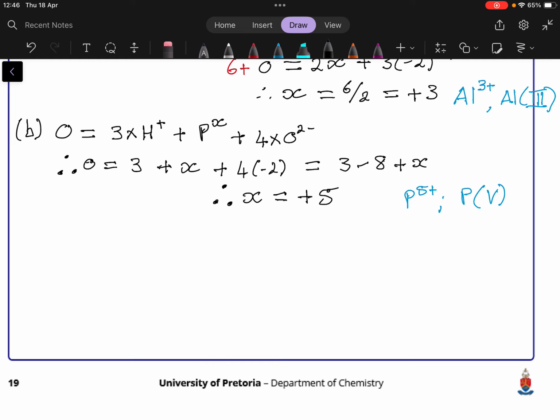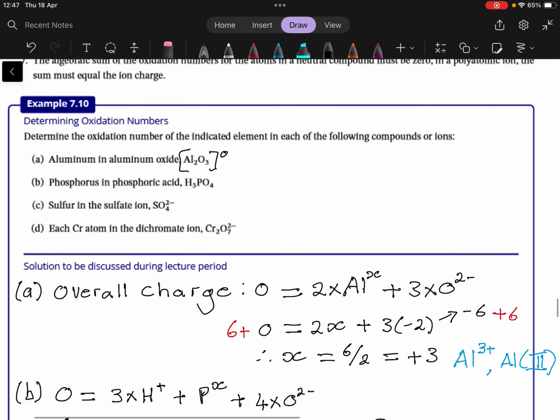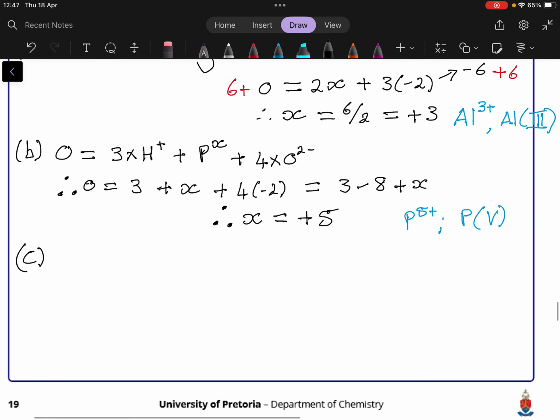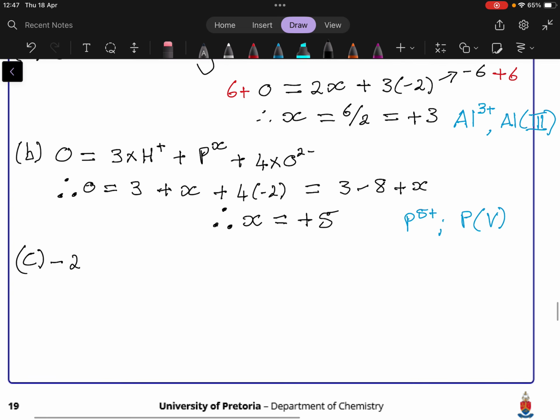The next compound is, well, not compound, it's the sulfate ion. We want to know what this charge is, what the oxidation number is of the sulfur. So what is the overall charge of the species here? The overall charge of the species is minus 2. So now it means minus 2 needs to be equal to the charge on sulfur plus 4 times the charge on oxygen.